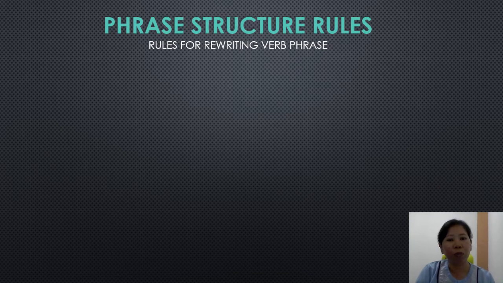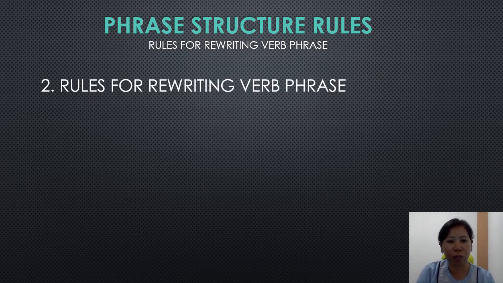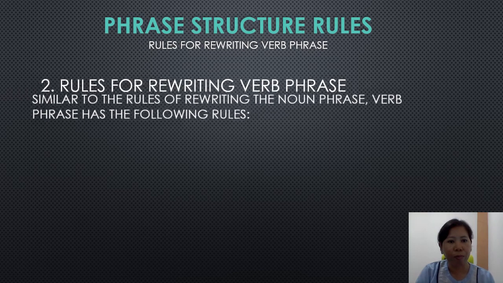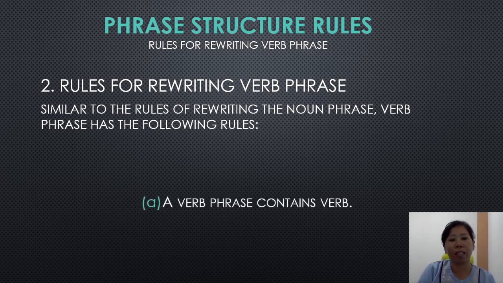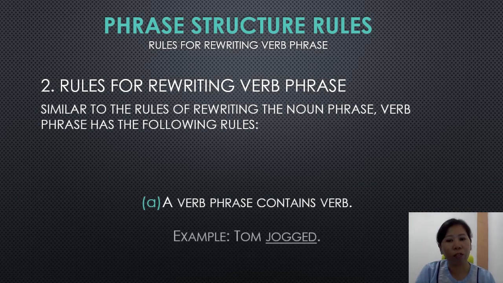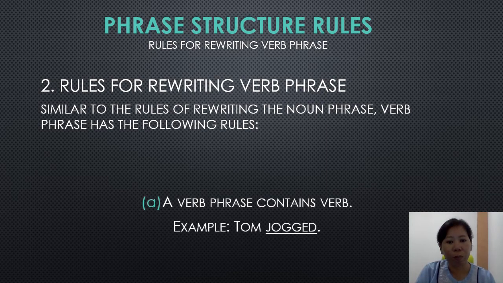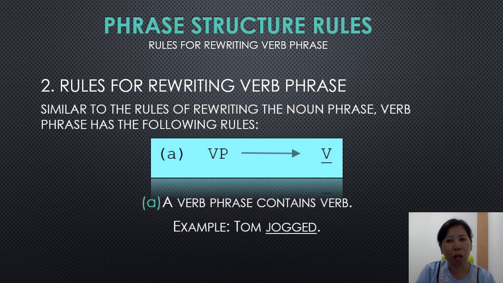Now, we will move on to the second phrase structure rules, or the rules for rewriting a verb phrase. Similar to the rules of rewriting the noun phrase, a verb phrase has the following rules. The first one says a verb phrase contains a verb. For example, Tom jogged.